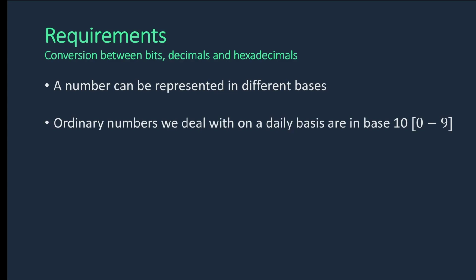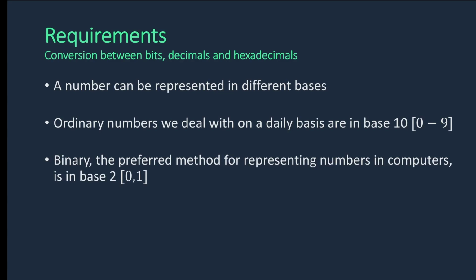Ordinary numbers that we deal with on a daily basis, for example, currency, maybe height, weight, are expressed in base 10, and we use digits 0 to 9 to express those numbers. We have binary, which is the preferred method for representing numbers in computers, and it is in base 2, and we use only digits 0 and 1 to represent those numbers.